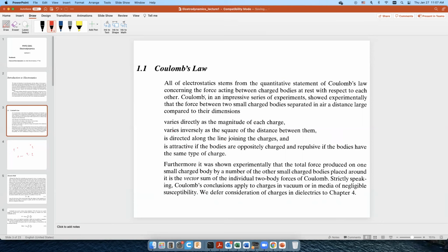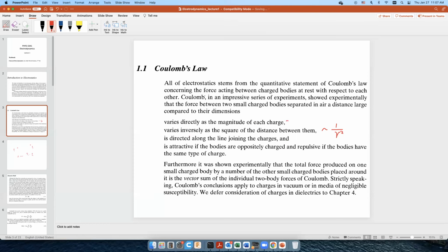Number 2, inversely as the square of the distance between them. So the force is inversely proportional to the square of the distance, which is proportional to 1 over r squared. This is the second rule.